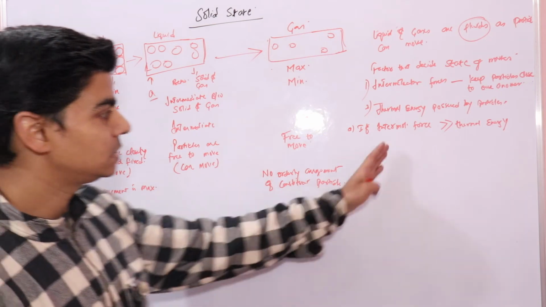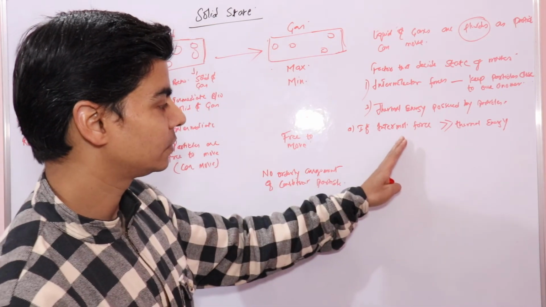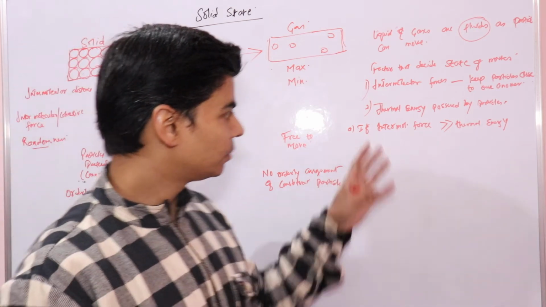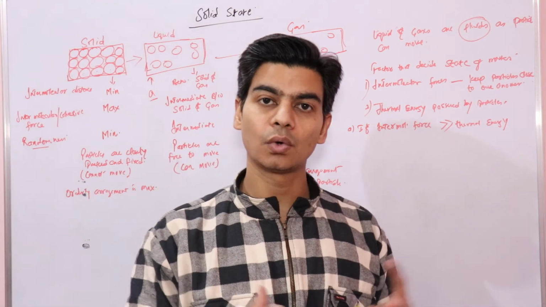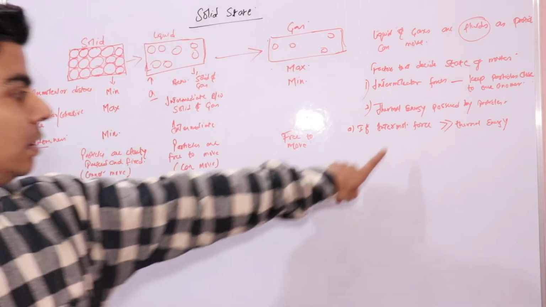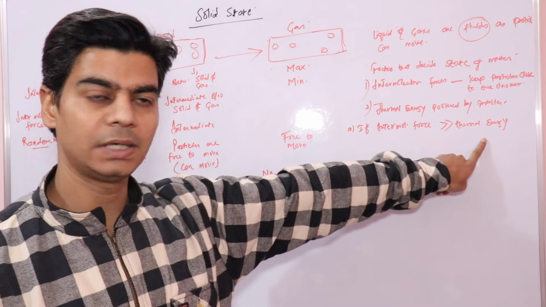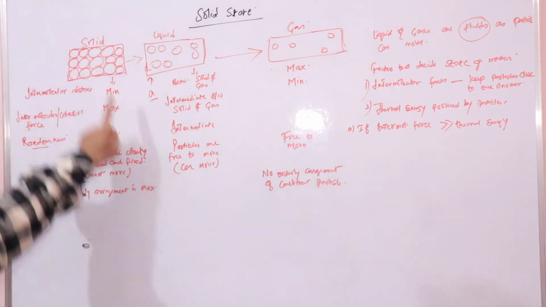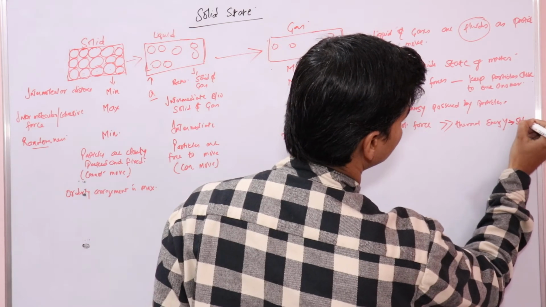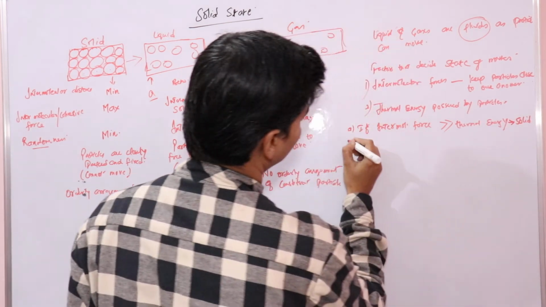Intermolecular force will increase the orderly arrangement. That is, intermolecular force will bring the particles close to one another, like in case of solids, right? So when intermolecular force is very much greater than your thermal energy, the state is solid, right? In this case, the state is solid.